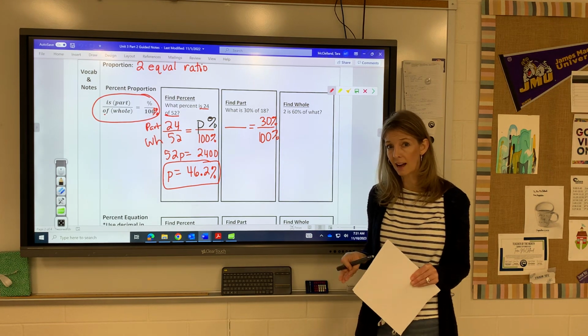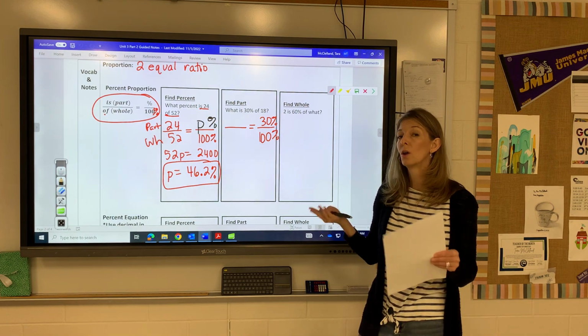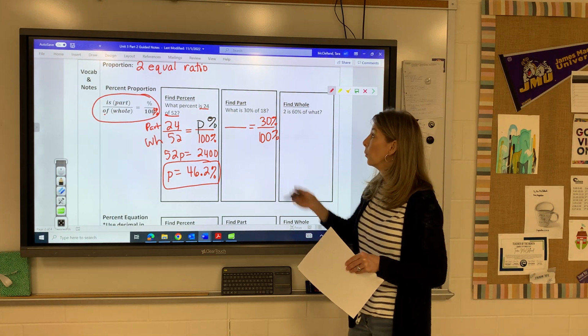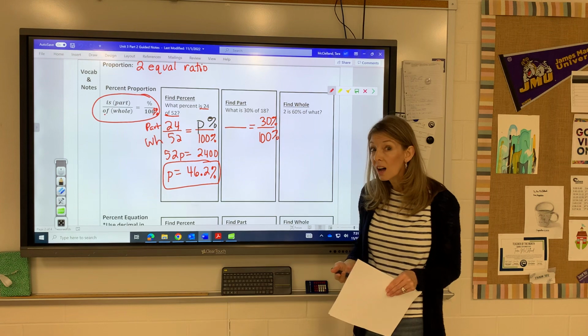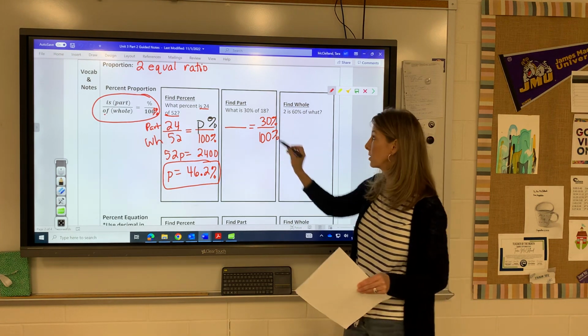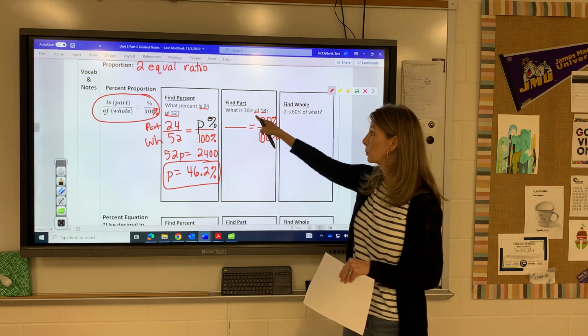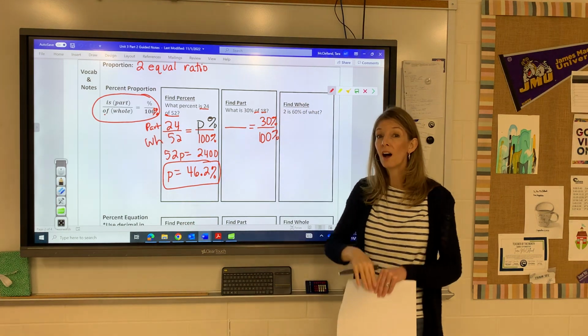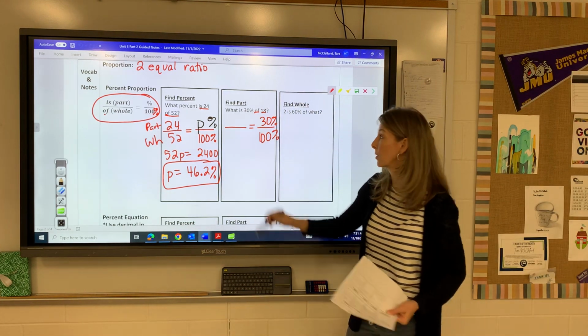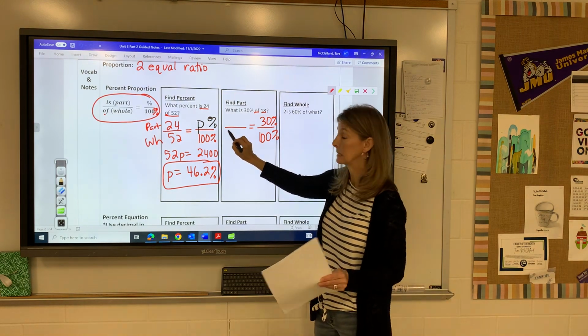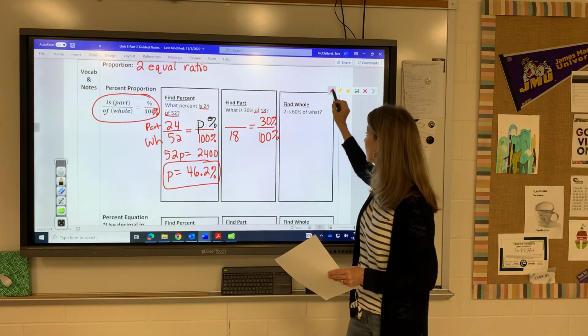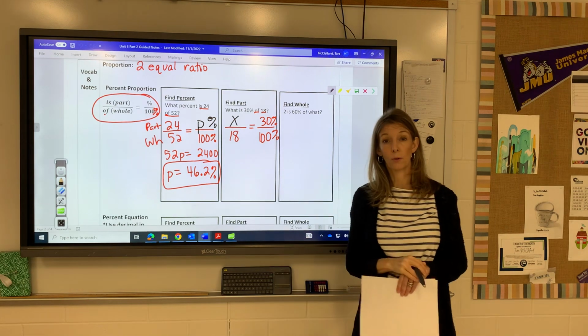So now we've got to decide, is that the part or the whole? What is 30% of, hint, hint, there's your keyword, of 18? Remember, of is telling us whole. We're saying, what is 30% of this whole, of 18? So I'm looking for the part.